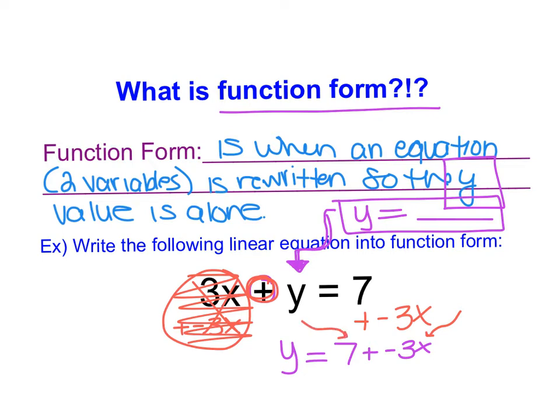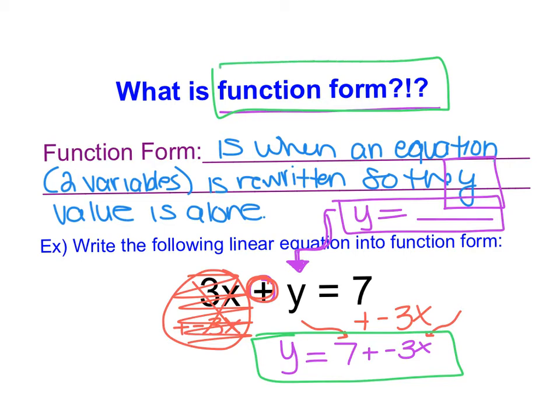As a result, those are not alike terms and cannot be combined. So, by adding that negative 3x to each side, we have now rewritten this equation so that y is alone. Notice that we just used some of our undoing rules to get y completely by itself. So this original equation written into function form when y is alone is y equals 7 plus negative 3x.